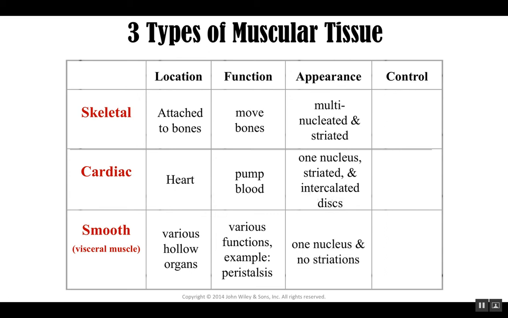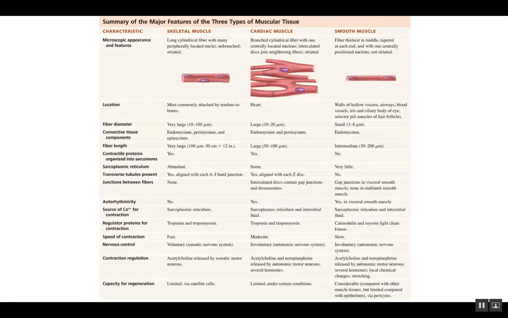Smooth muscle, one nucleus, no striations, and that's where they got the name smooth, because it doesn't have these stripes within the muscle cells. And then the control, skeletal muscle is voluntary, the other 2 are involuntary. So those are some properties you should recall from earlier this semester.